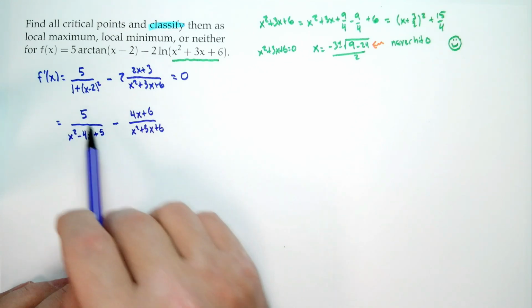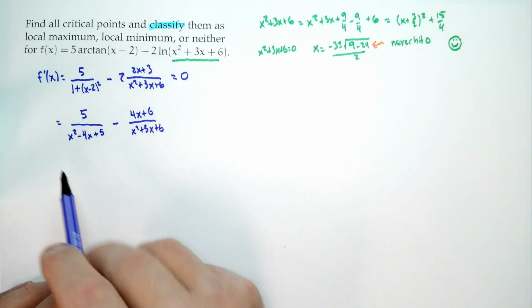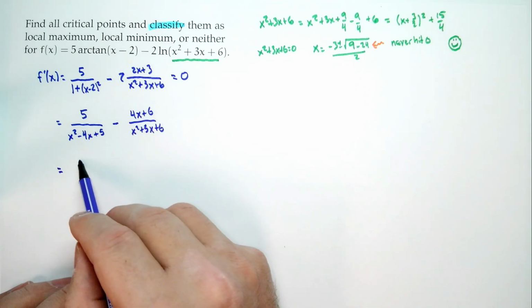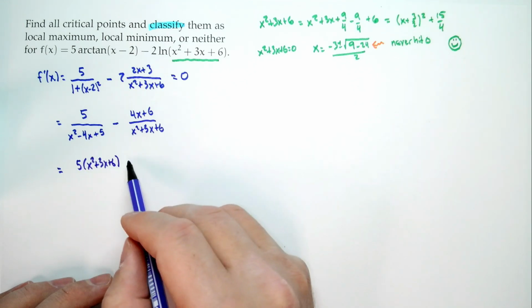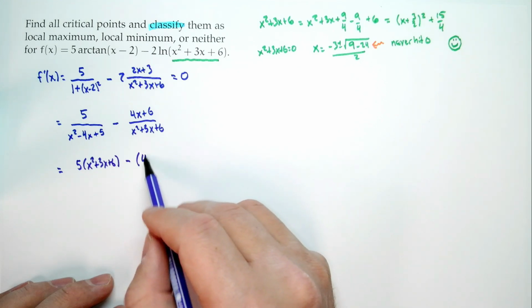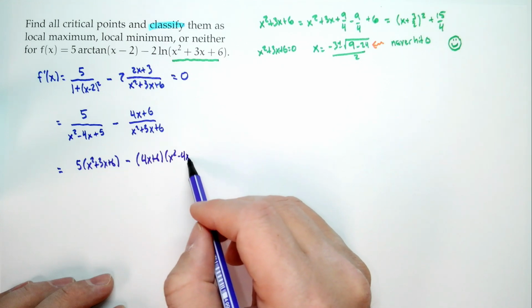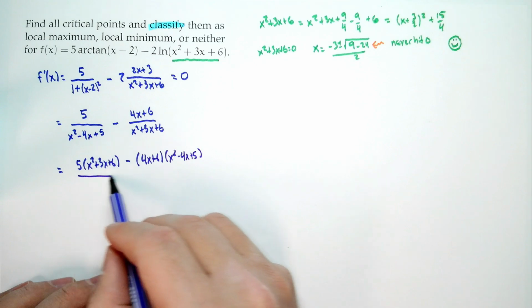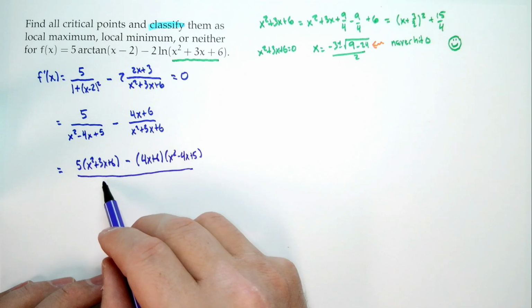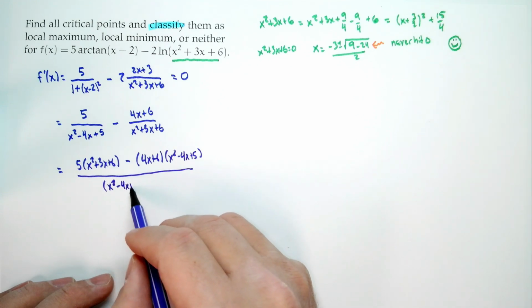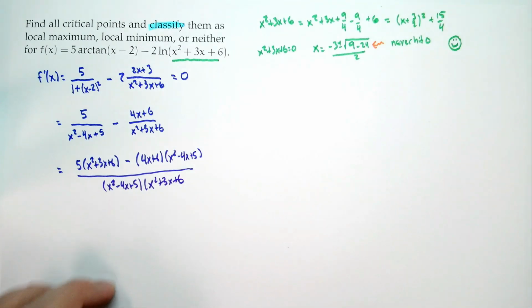So you multiply the first term by the x squared plus 3x plus 6, and the second term by the x squared minus 4x plus 5. So if you did that, we'd have 5 times x squared plus 3x plus 6 minus 4x plus 6 times x squared minus 4x plus 5, all over the two things multiplied together. So x squared minus 4x plus 5 times x squared plus 3x plus 6.